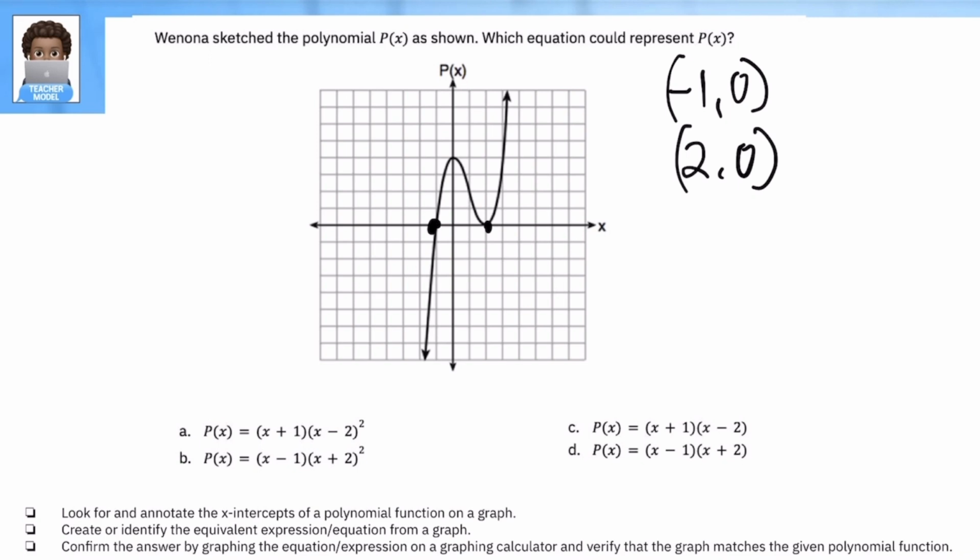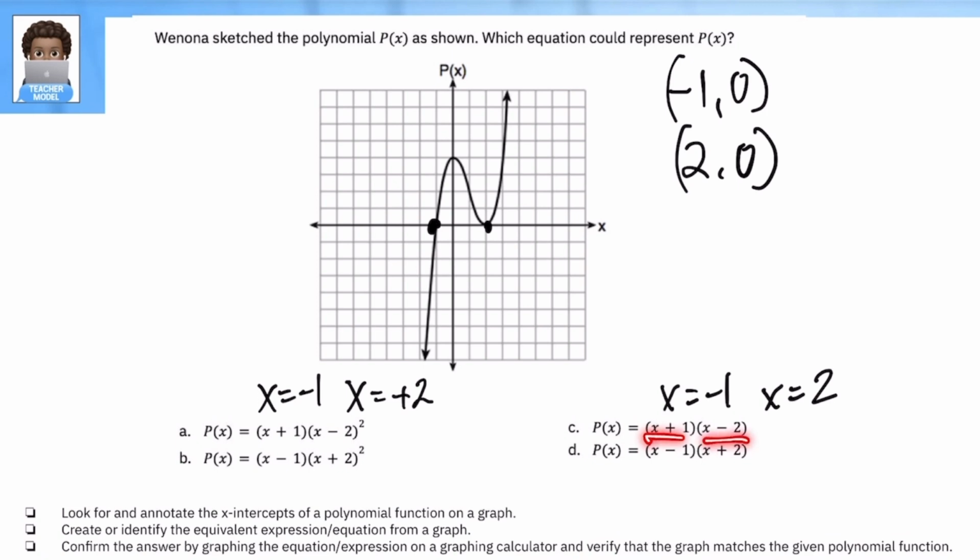And so looking here, I'm noticing on the top one, I have x is equal to -1 and x is equal to +2. And let's look at B. X is equal to -1 and x is equal to +2. So, what's going on here? I'm getting the same answers, but 2 very, very different graphs.